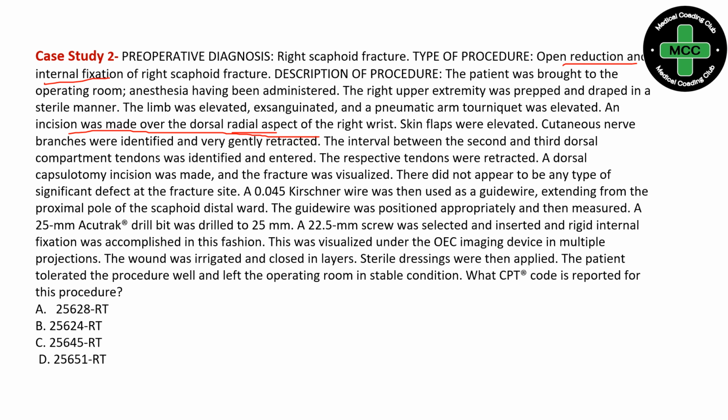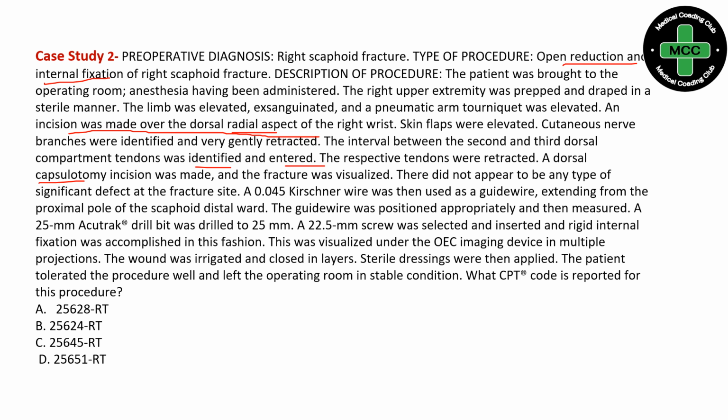Skin flaps were elevated, cutaneous nerve branches were identified and very gently retracted, and the interval between the second and third dorsal compartment of tendons was identified and entered. The respective tendons were retracted, and the dorsal capsulotomy, that is incision, was made, and the fracture was visualized.